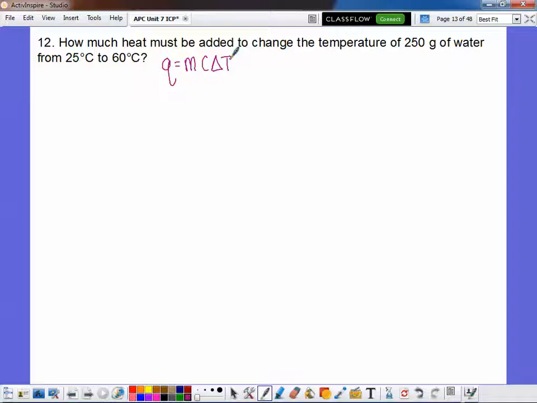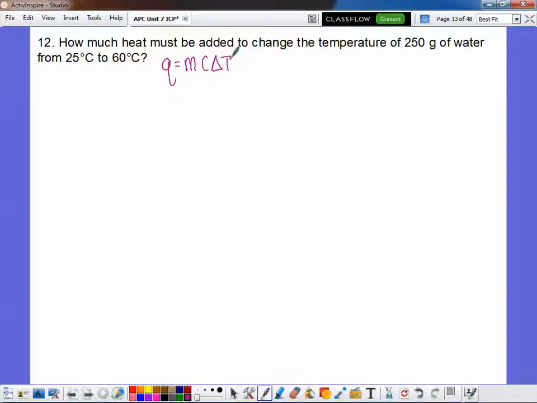M is what? Mass. N, the letter N as in Nancy or November, that is moles, like in PV equals nRT. M as in Mike is mass. So M is mass.